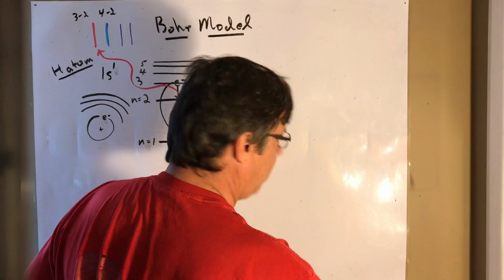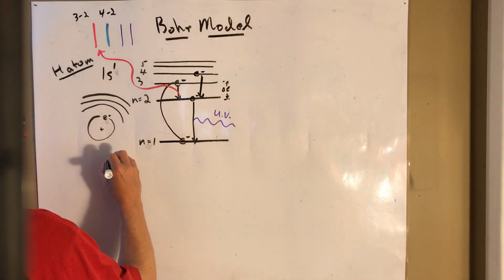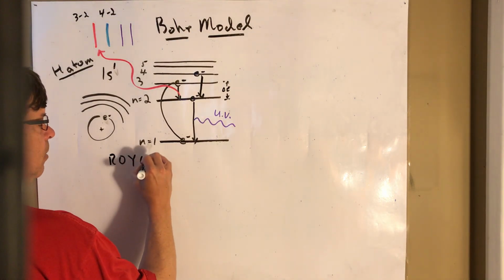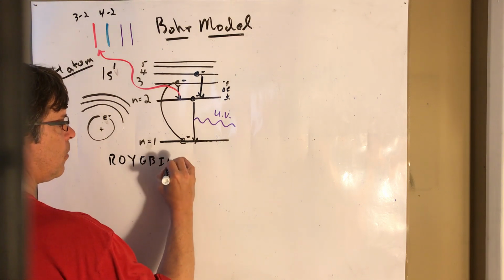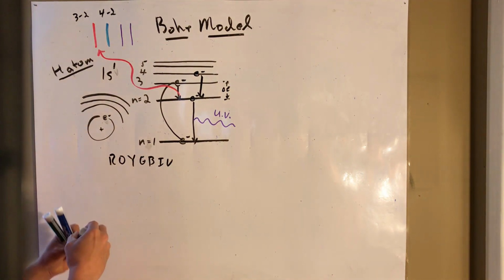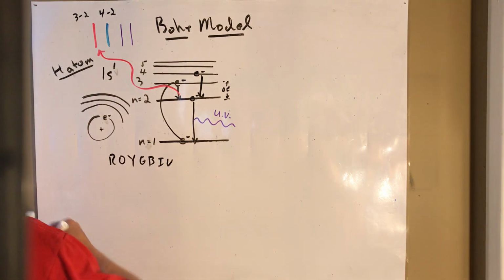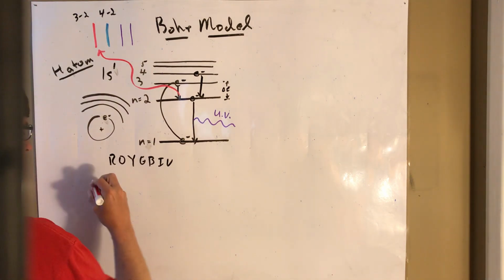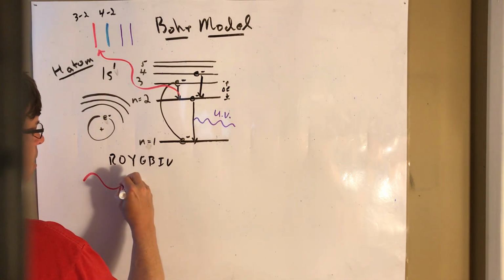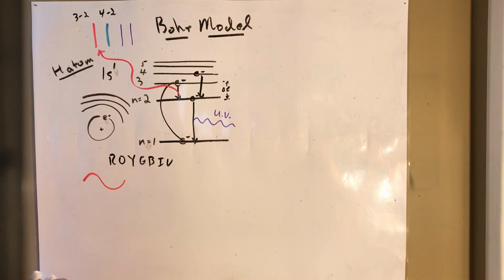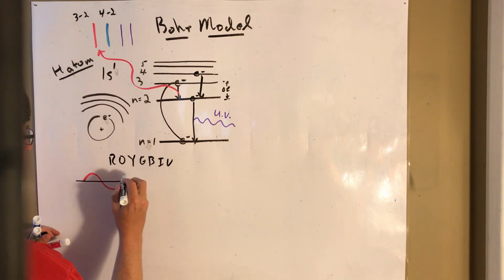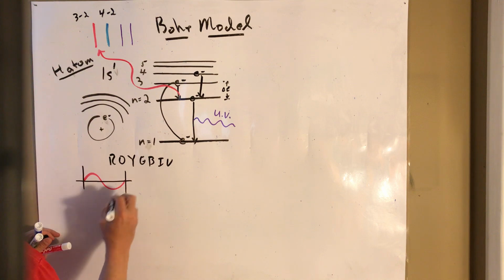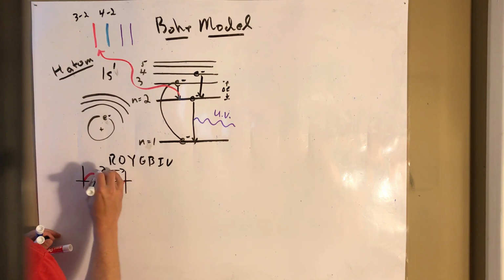Of course, remember Roy G. Biv. Red light will have a long wavelength. By the way, let's define what a wavelength is. That's a wavelength right there. We use this Greek letter lambda.